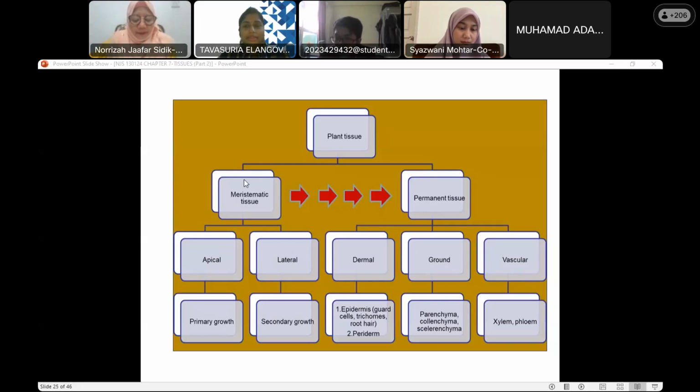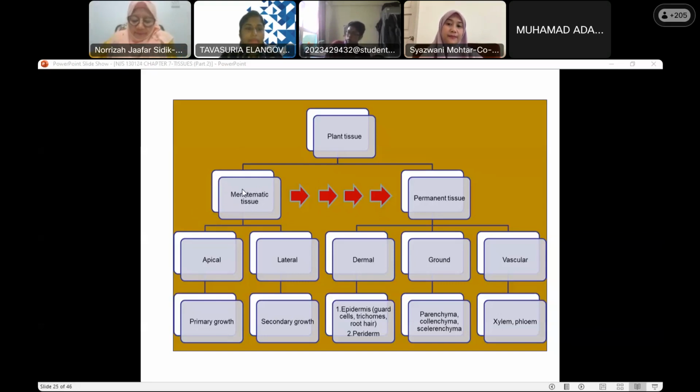Again, I mentioned here the meristematic tissue is composed of undifferentiated cells that have the ability to divide and differentiate into various types of specialized cells. It is responsible for the growth of the plant and production of new cells, found in areas of active growth.